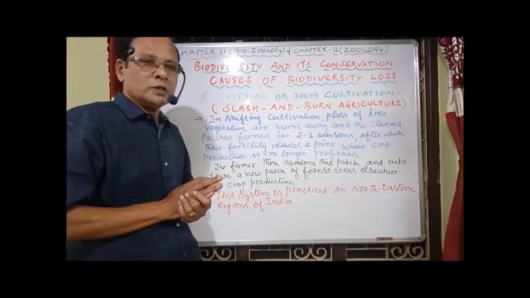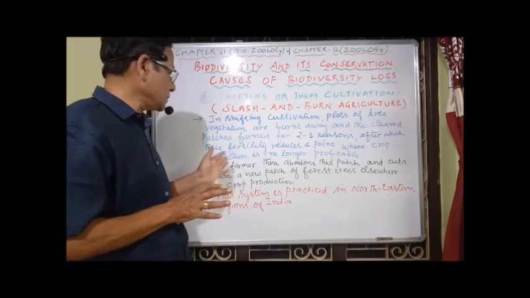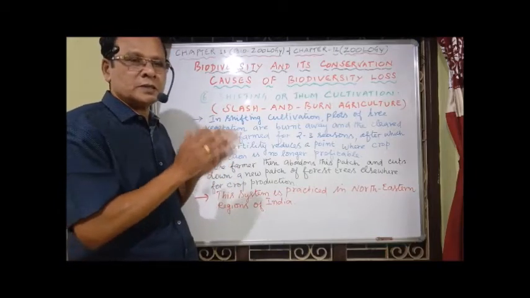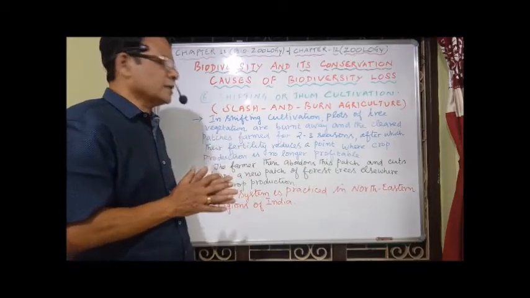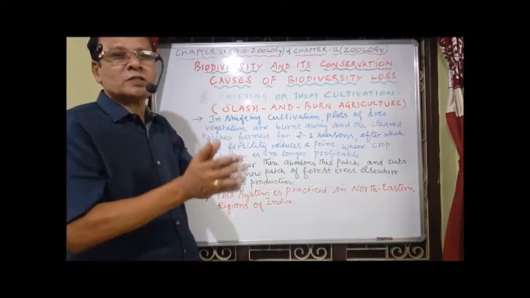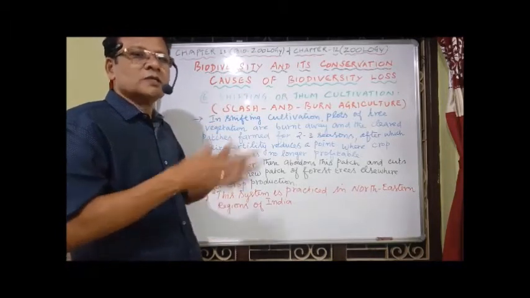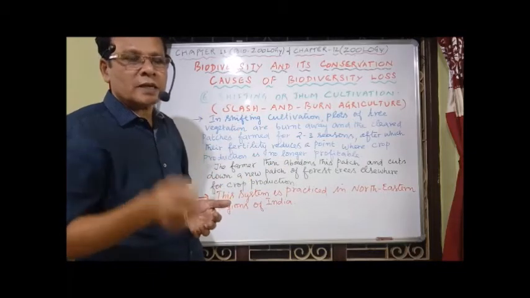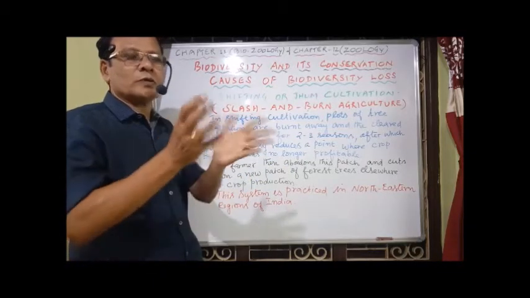Now what do these people do? The farmer abandons this patch and cuts down a new patch of forested trees elsewhere for crop production.